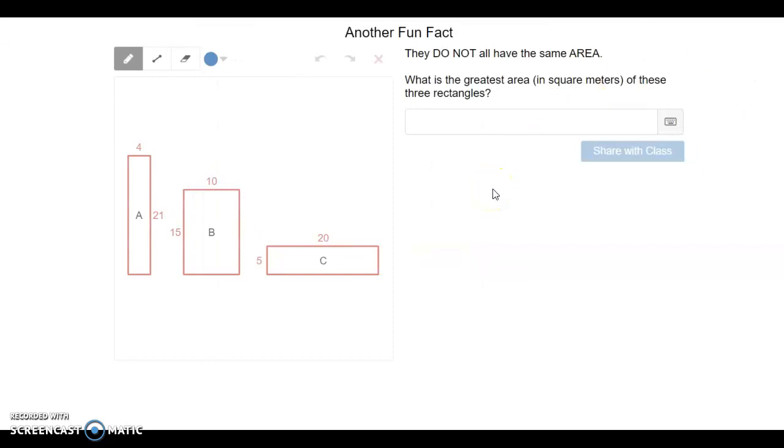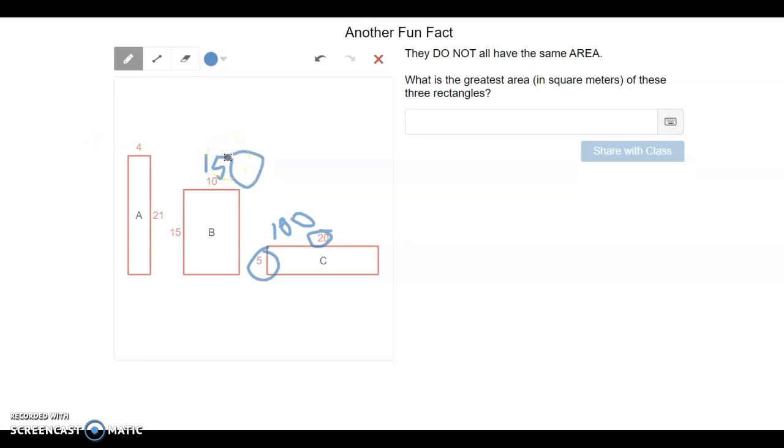Another fun fact, they all don't have the same area. So which one has the greatest area? So remember, area is length times width. So 20 times 5 is going to give me 100. And 10 times 15 is going to give me 150.